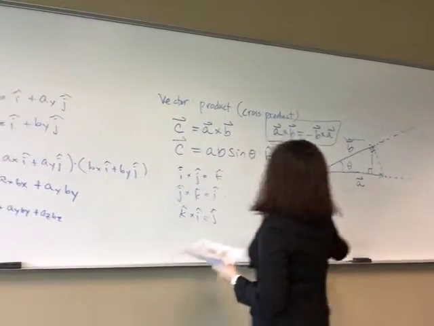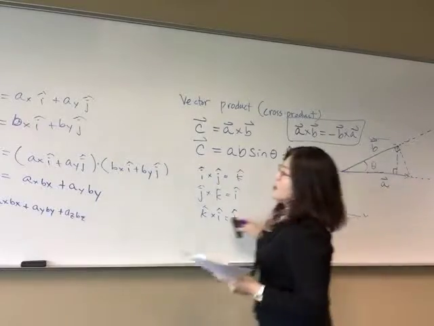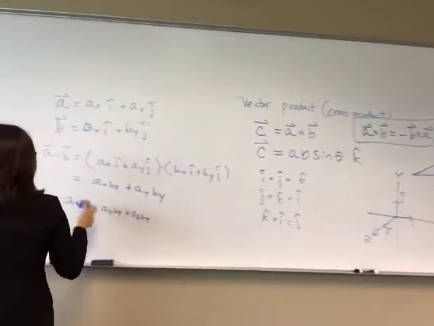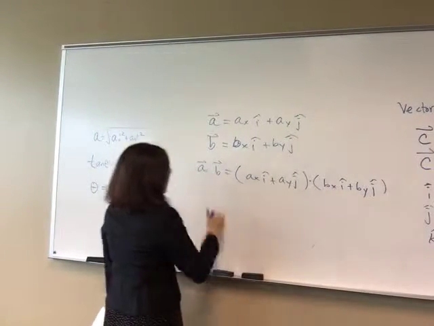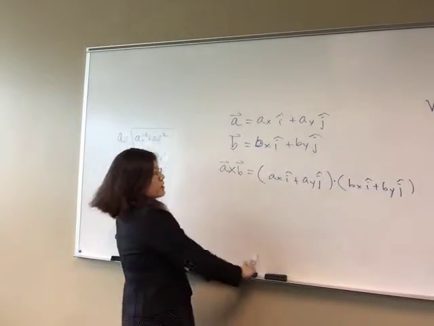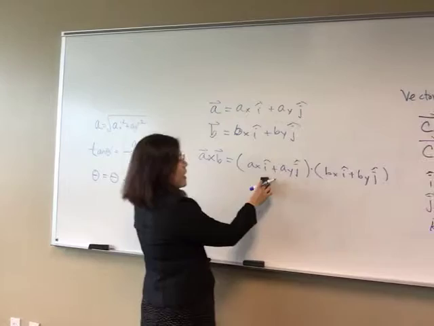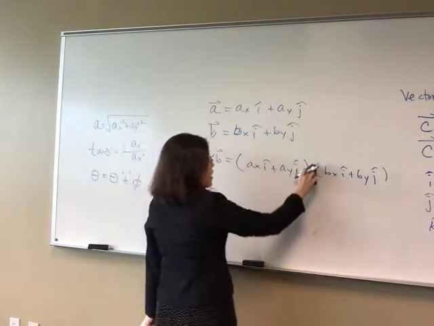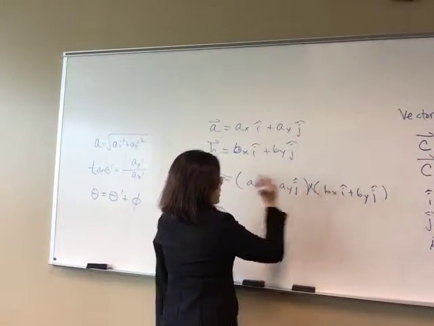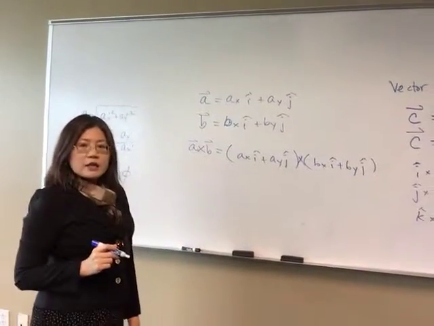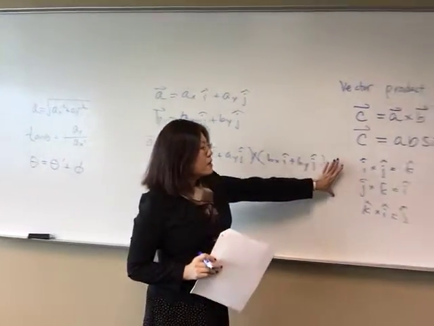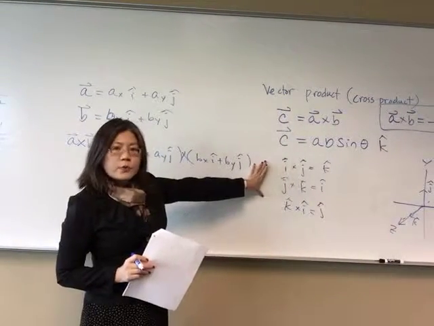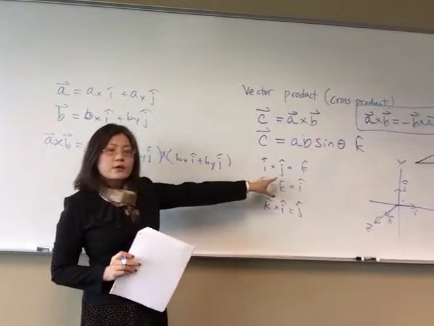Okay. Now, how would you do a vector product when your vectors are given in unit vector notation? So you have ax i hat plus ay j hat, cross product bx i hat plus by j hat. Again, these are the principles to go by. i cross j gives you k.